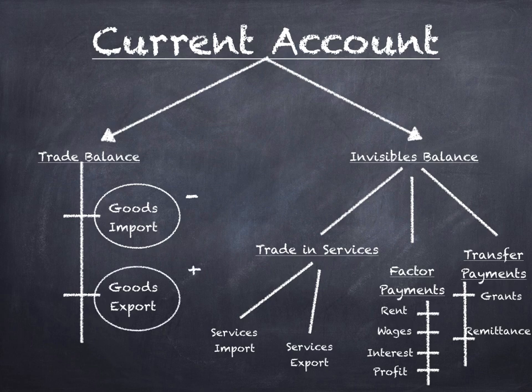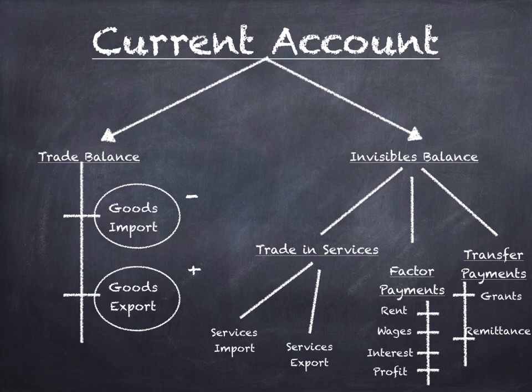All right. So within the current account, all these transactions, whether it's imports, exports, services, factor payments, transfer payments, would be accompanied by a negative sign or a positive sign. A positive sign would mean that money is coming inside India, and a negative sign would mean money is getting outside India. So for example, if my company is earning profit in the USA, then that profit would be accompanied by a positive sign.